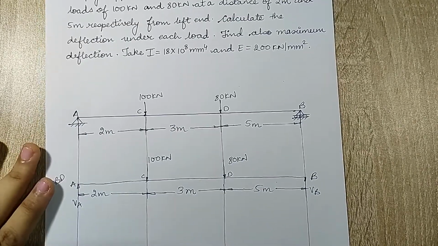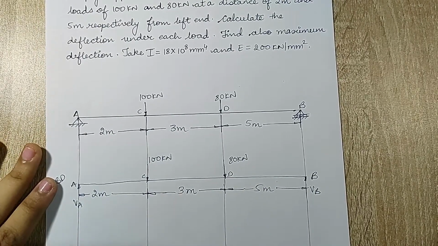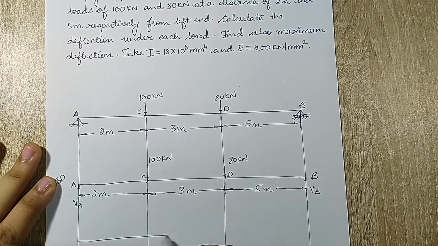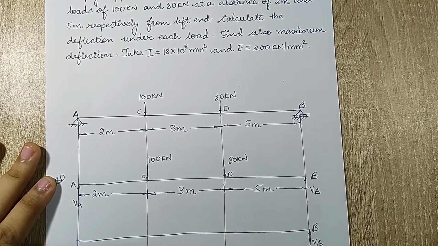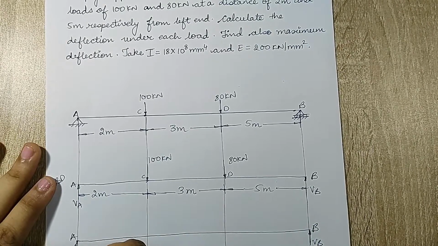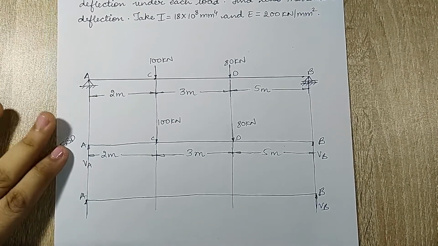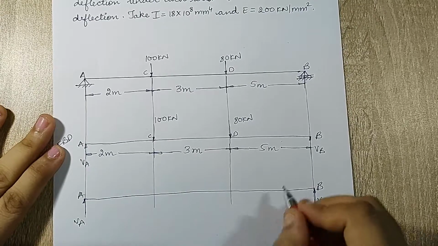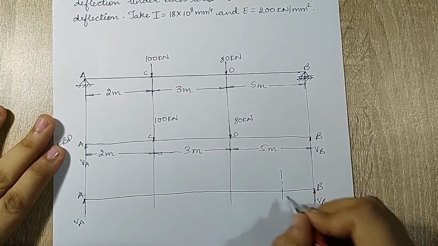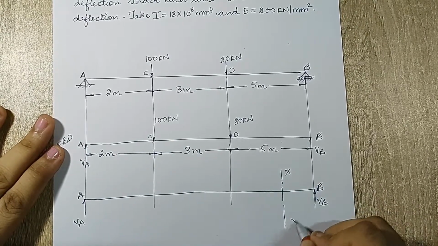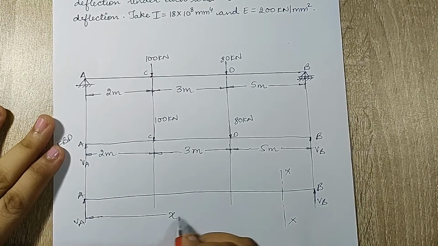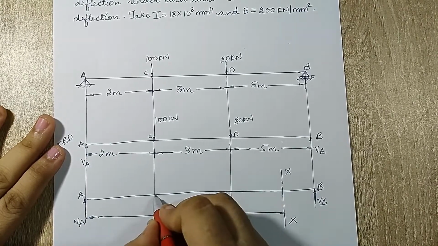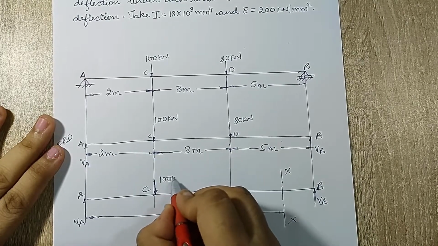We will draw the slider diagram now. So I'll draw the beam again. I'll draw the slider at the last section. This is my XX, which will be at a distance X from end A. This is point C, at which there is a load of 100 kN.